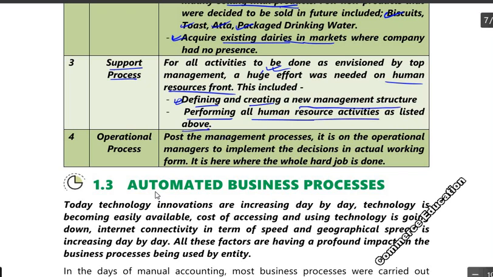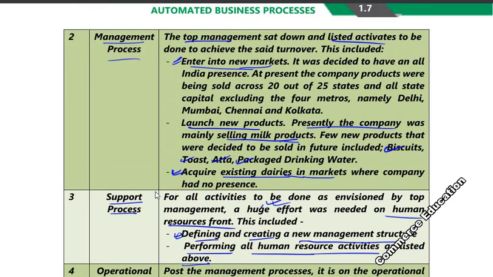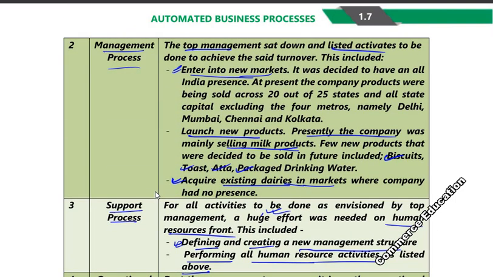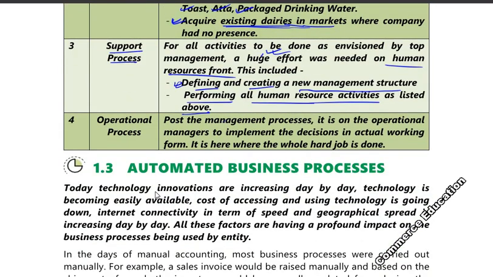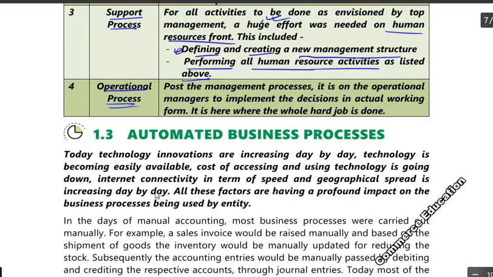So entering new markets, launching new products, acquiring existing dairies should be supported by the human resource function. What should be the operational process? Post management process, it is the operational manager who implements. So the operational manager shall implement all these things by actual working. Here the reality comes.